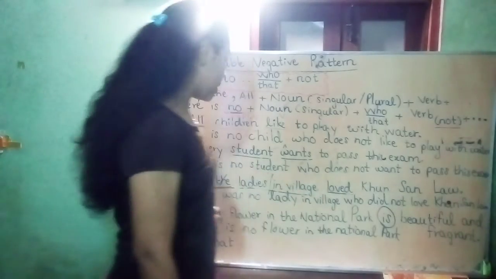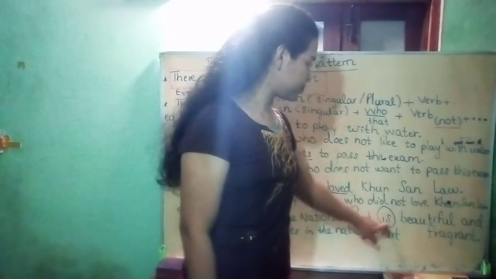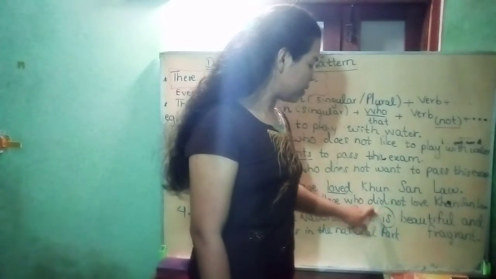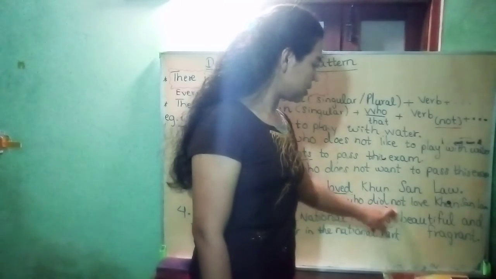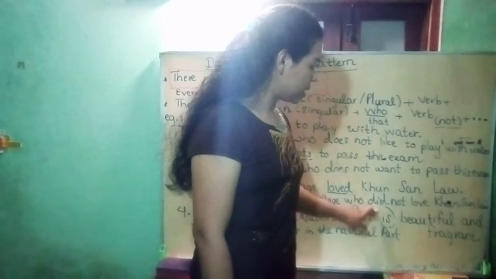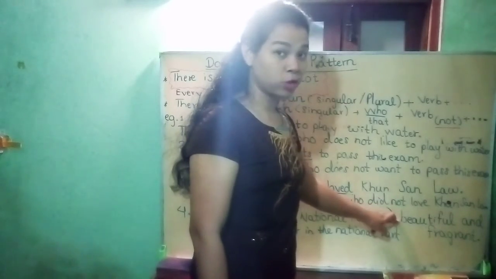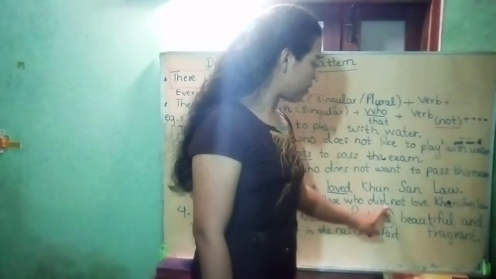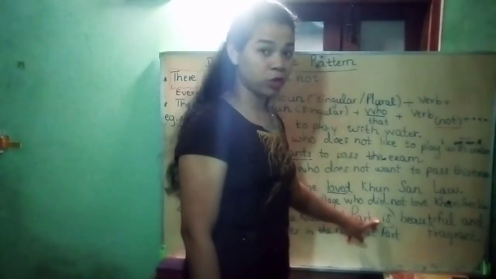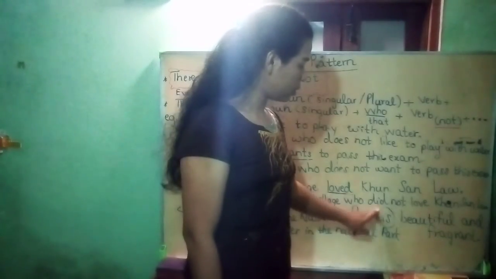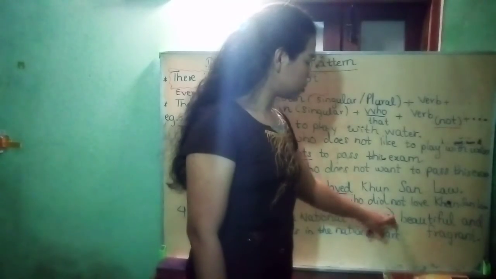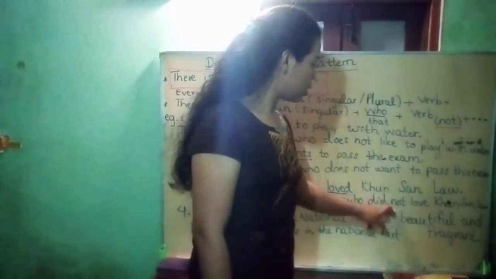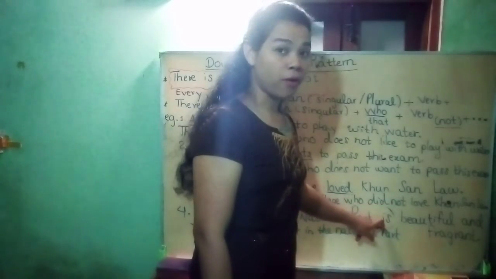So, in this sentence, you will see the verb is. This verb is the present tense form of verb to be, and it is already a singular verb form.